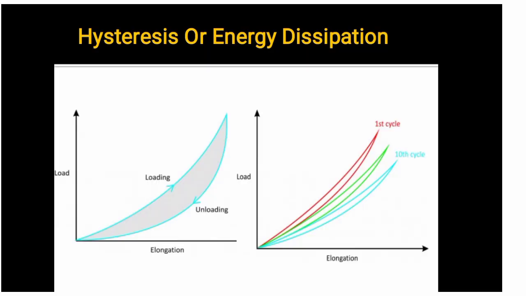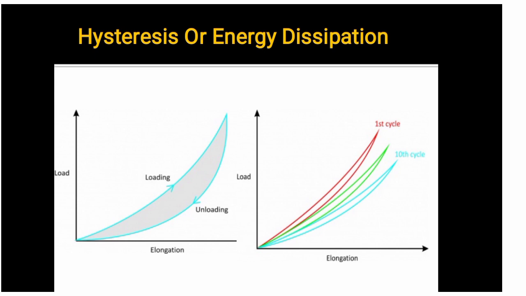Third one is the hysteresis. When a viscoelastic material is loaded and unloaded, the unloading curve is different from the loading curve. The difference between the two curves represents the amount of energy that is lost during loading.